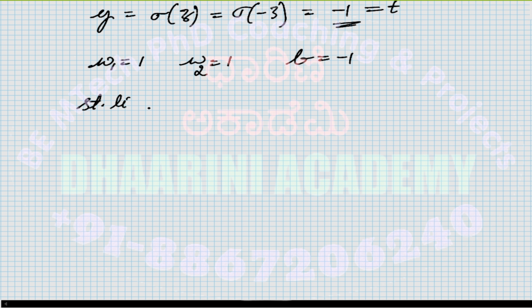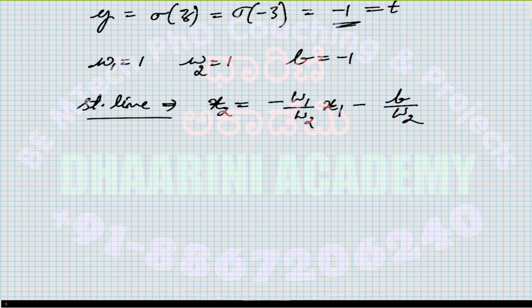The straight line equation in terms of x1 and x2: x2 is equal to minus of w1 by w2 times x1 minus b by w2. This is the standard equation which we already have derived.